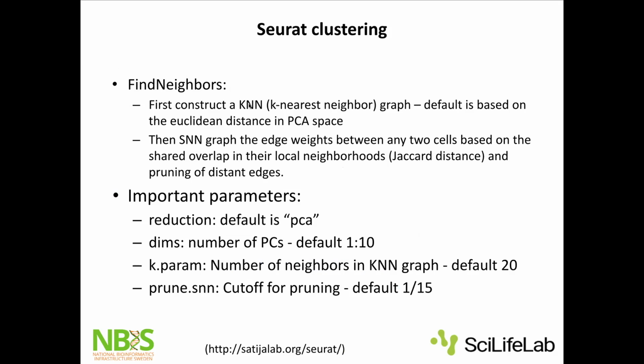It creates the KNN graph and the SNN graph. The main parameters are the reduction to use, which is PCA, the number of dimensions or principal components, which defaults to 10, K, so the number of neighbors, and the pruning cutoff. There are other options that you can look into, but I think these are the main ones.